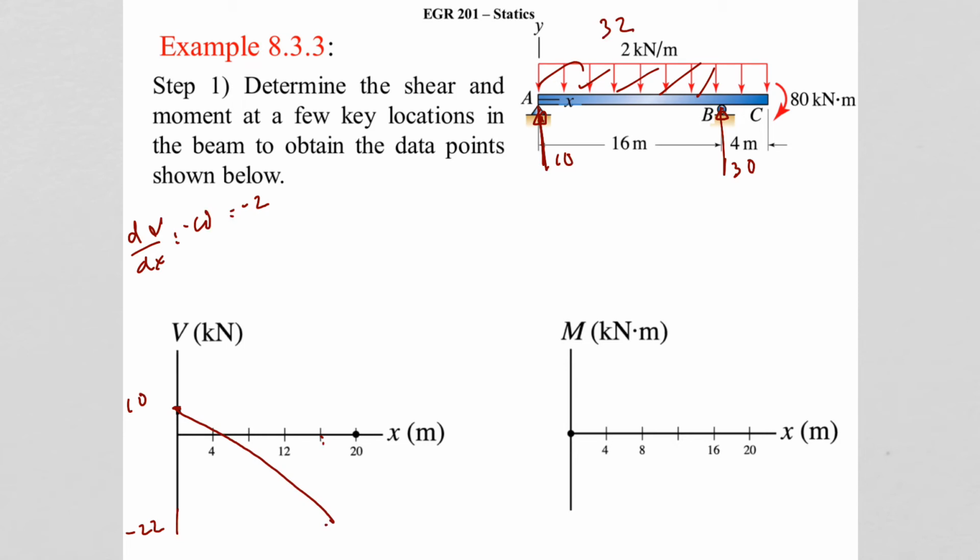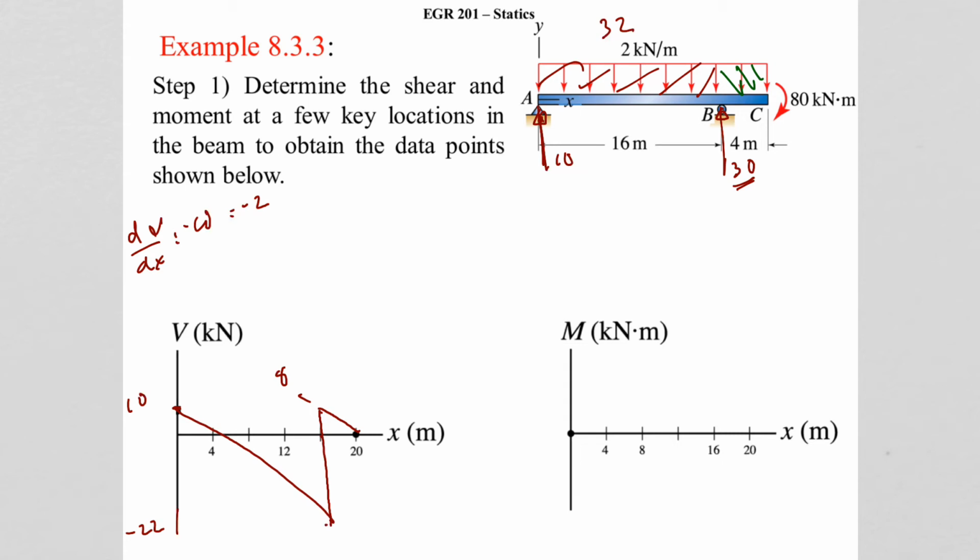And then we see we have a positive jump of 30 going back up, which takes us to 8. It tells us the direction that we're going in. And then the last, there is no shear at the end of an overhang. That better come down to 0. So if we take the remaining area on this side, we have 4 times 2 is 8. So that does bring us back down to 0. So there's a quick, easy way to find our shear diagram.